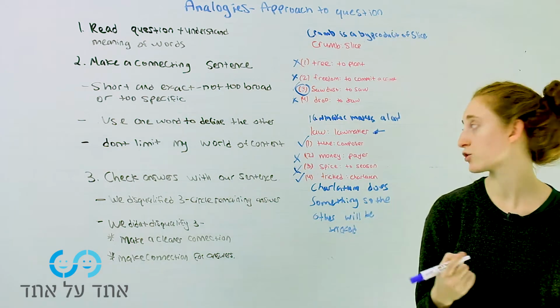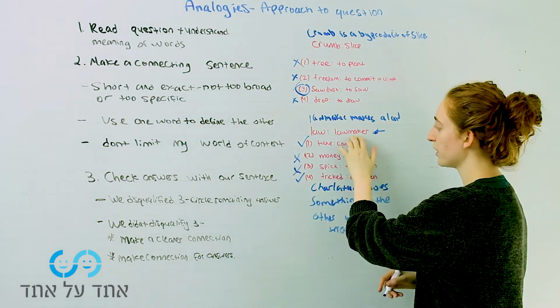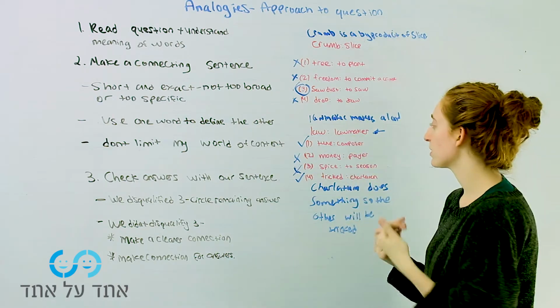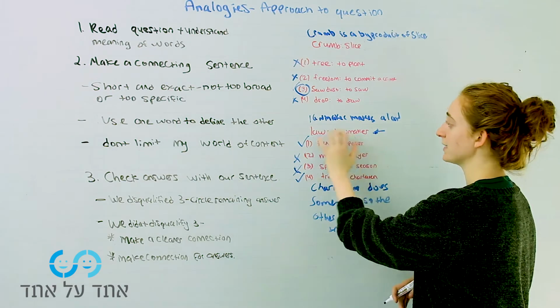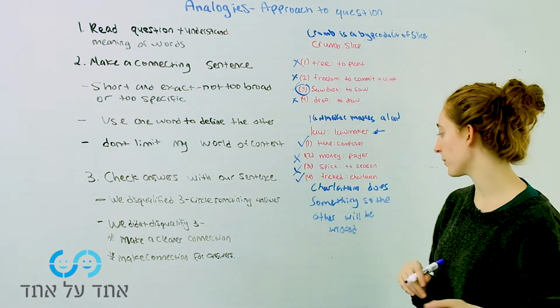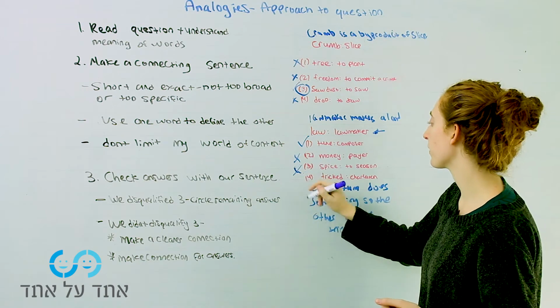So another person will be tricked. Does the lawmaker do something so that the other will be law? No. What he makes is the law. There's nothing in the middle here. So I can say that this is not the right answer.